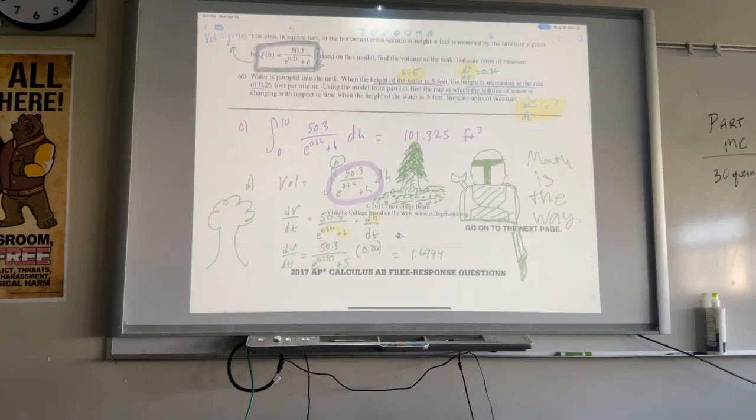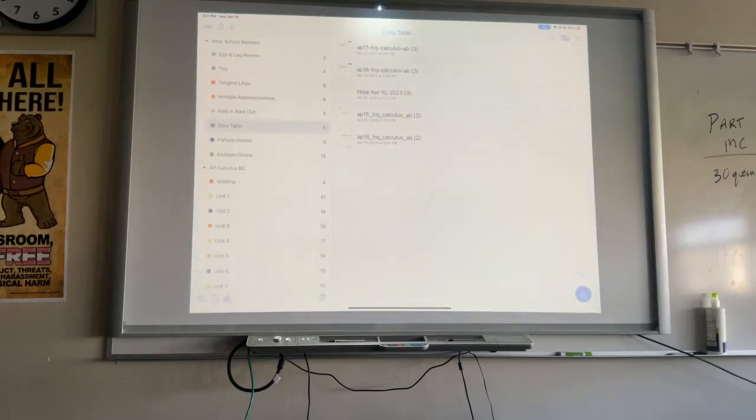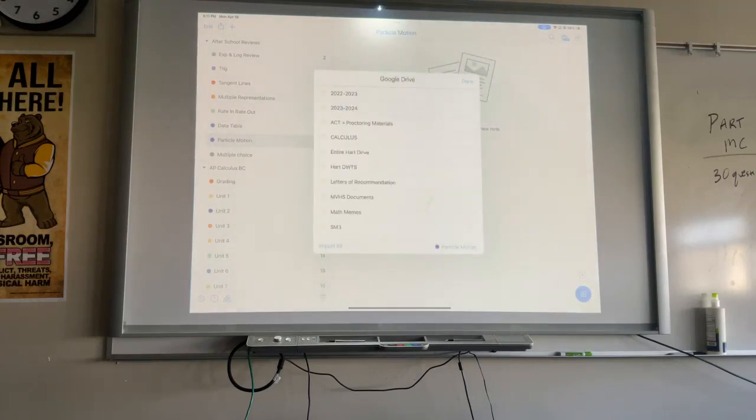We're gonna need to help with this. Look at this tree. That's a nice little tree. This is what I love.